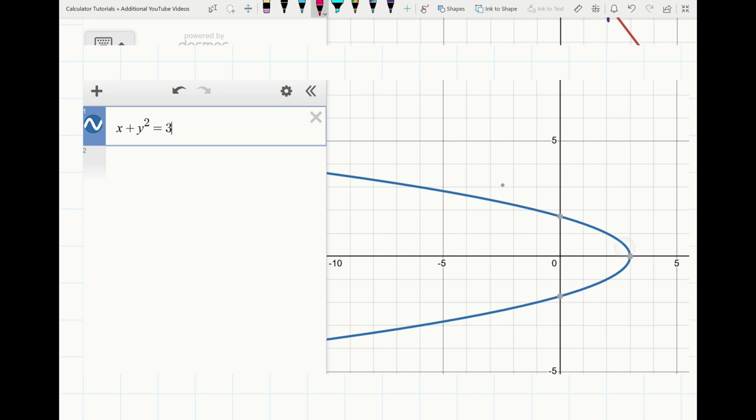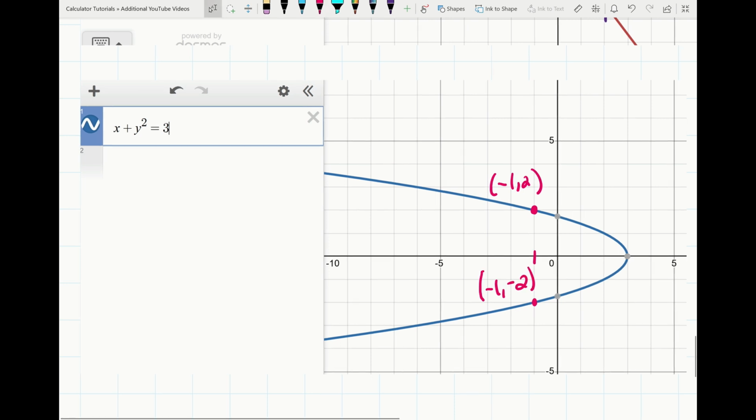If I were to draw a vertical line right here, notice I end up getting two y values right there. We'll move it over and make it look nice and pretty. We'll do here and here. So the first ordered pair is (-1, 2), but then the other ordered pair is (-1, -2).